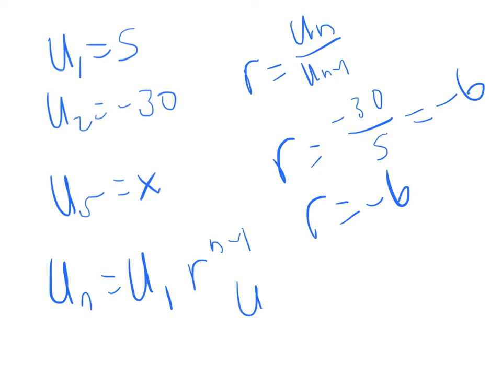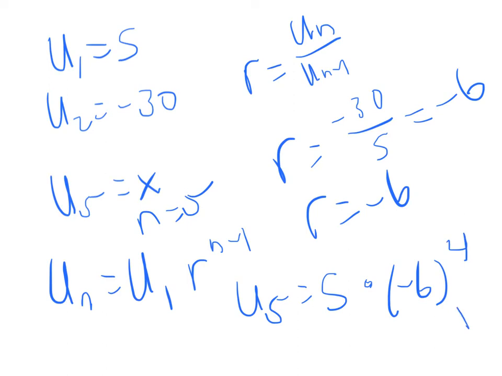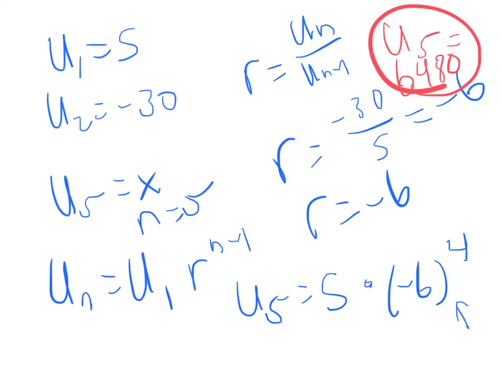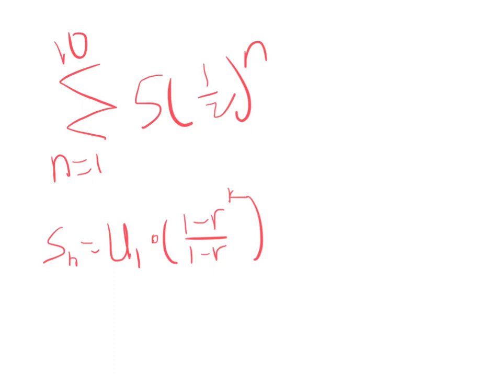So u of 5 equals u of 1, which they told us is 5, times the rate, which is -6, to the n minus 1. Well, n equals 5. 5 minus 1 is 4. Parentheses, hugely important. Type that in your calculator. If you did it correctly, you're going to get 6480. Good job. Pat your partner on the back.